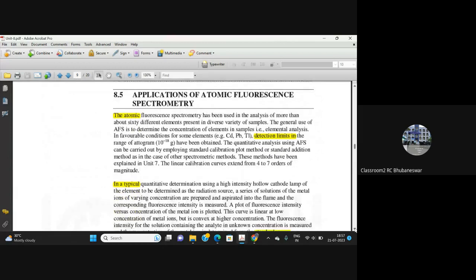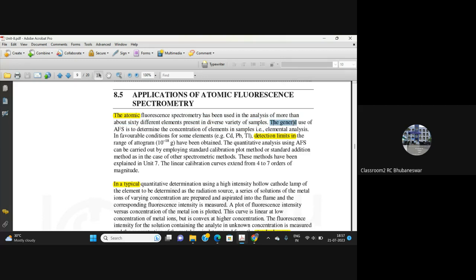Coming to the application part, application of atomic fluorescence spectroscopy. This is very important. Atomic fluorescence spectrometry can be used in various fields. It has been used in the analysis of about 60 different elements present in a diverse variety of samples.